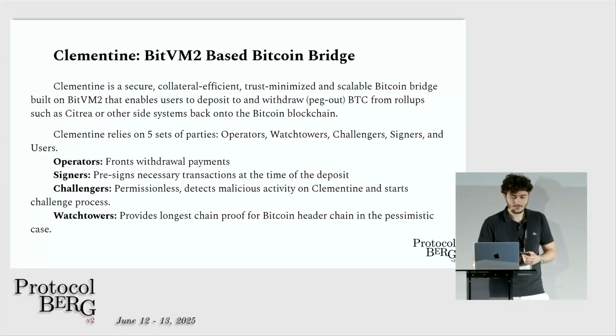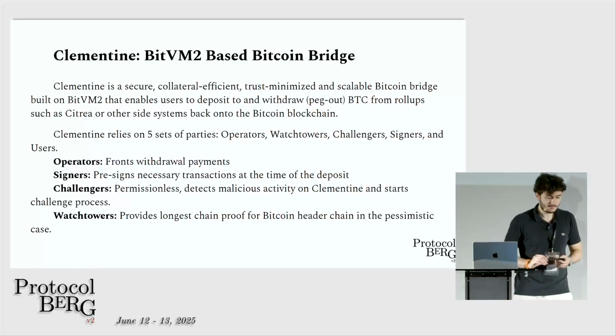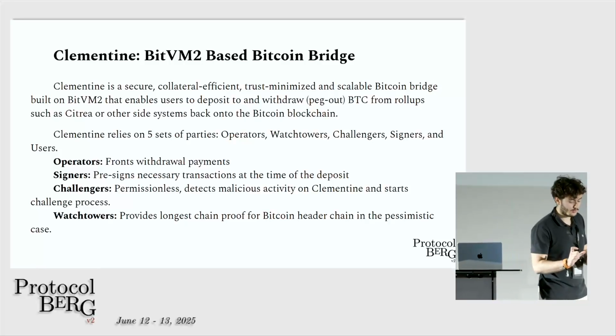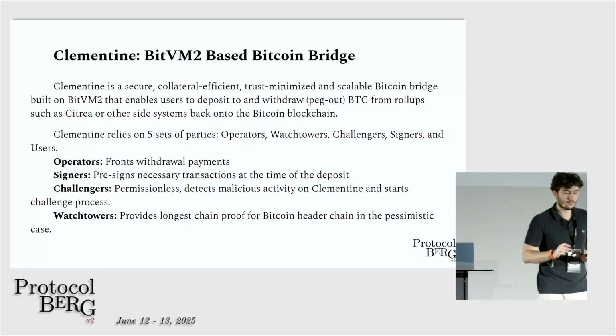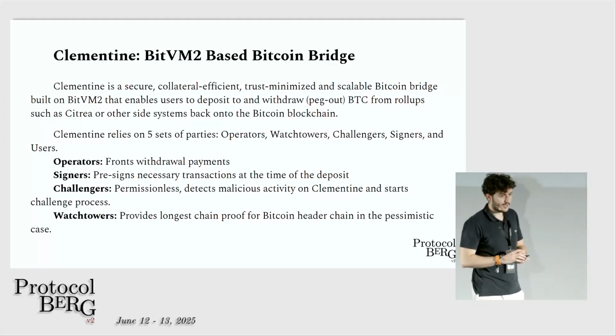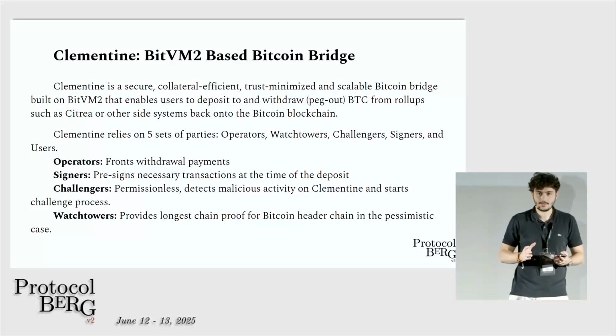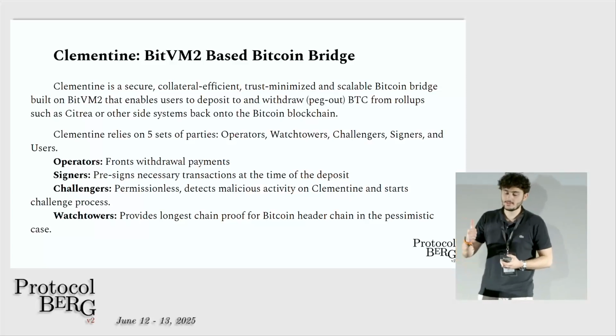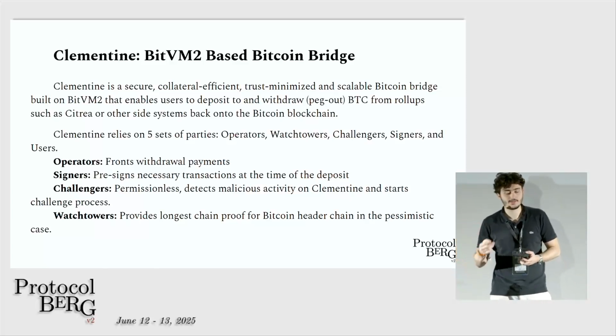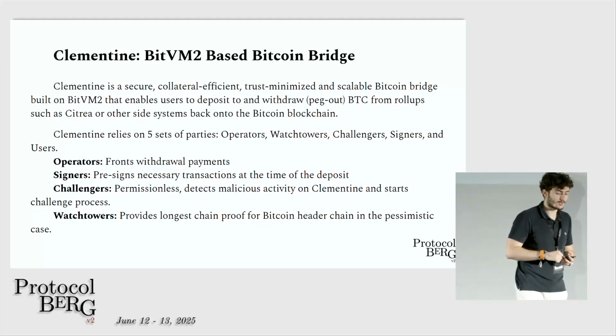It uses BitVM to verify the ZK proofs, and it has its own transaction graph that allows for the covenants. There are 5 sets of parties on Clementine. Of course, one is users, and the others are operators, signers, challengers, and watchtowers.